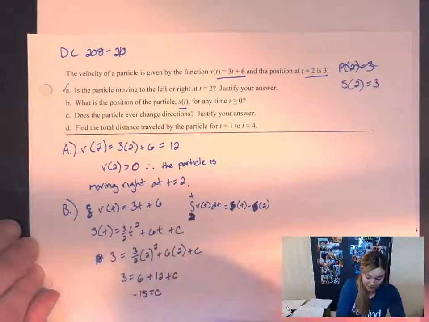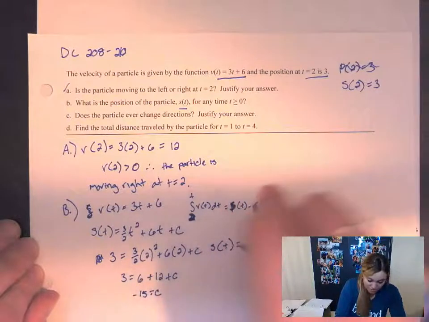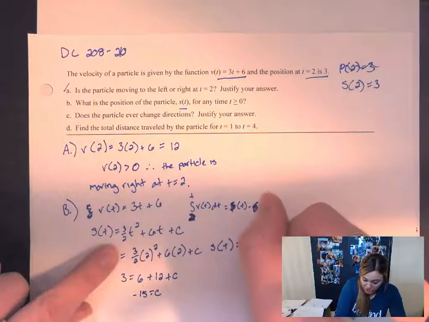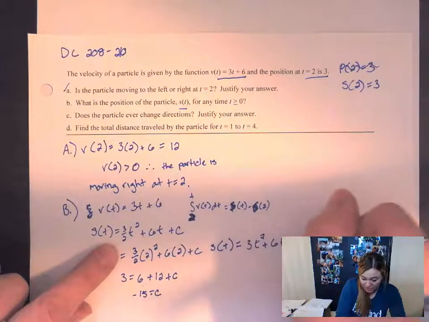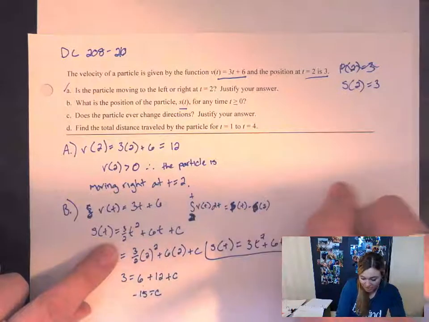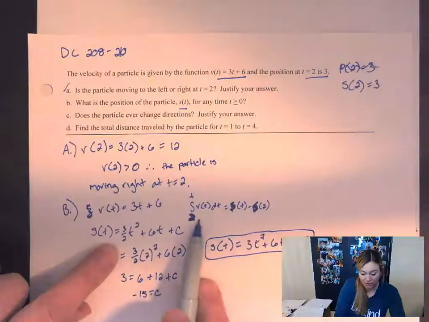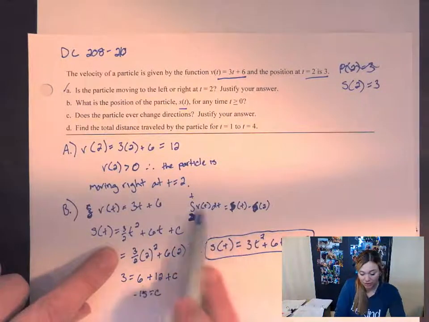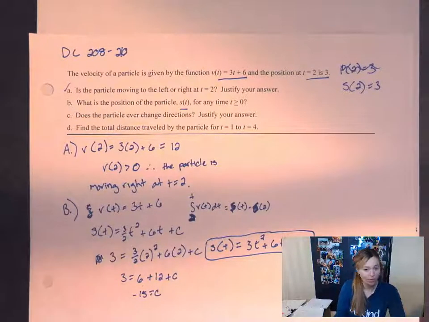It's equal to c. So you would get s of t is equal to 3/2 t squared plus 6t minus 15. If you did it this way, you still should have gotten the same thing, because you would have integrated over here, and then you would have evaluated from 2 to t, would have gotten the same answer.